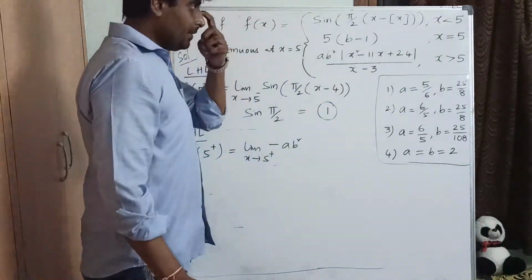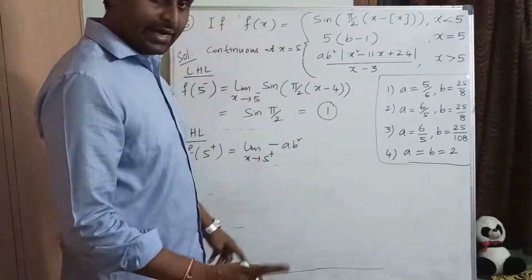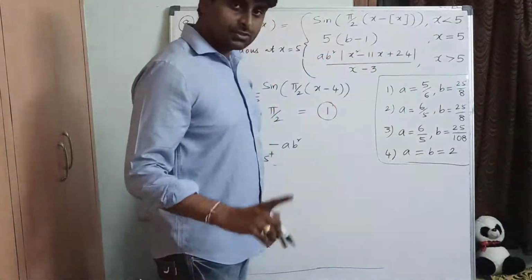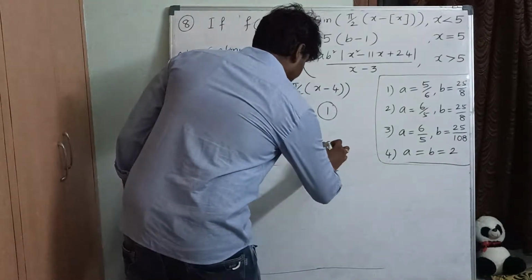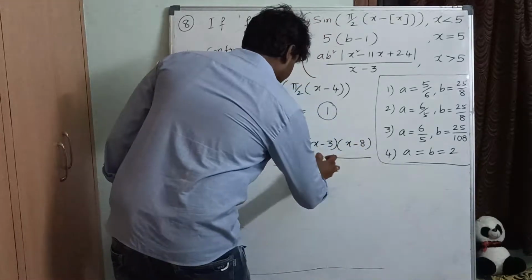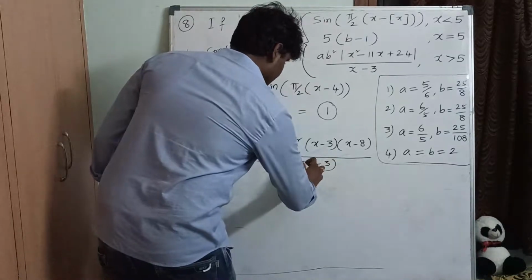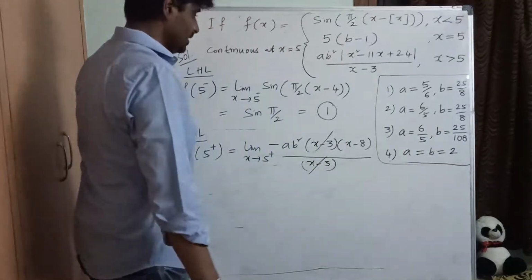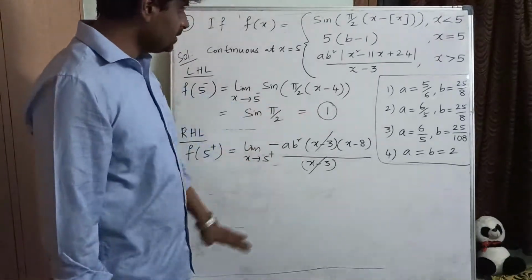Now x square minus 11x plus 24, what are the factors for that? 8 times 3 is 24, 8 plus 3 is 11, so can I write (x minus 3) into (x minus 8)? Correct? So x minus 3 gets cancelled there, so after simplifying that expression substitute 5 there.